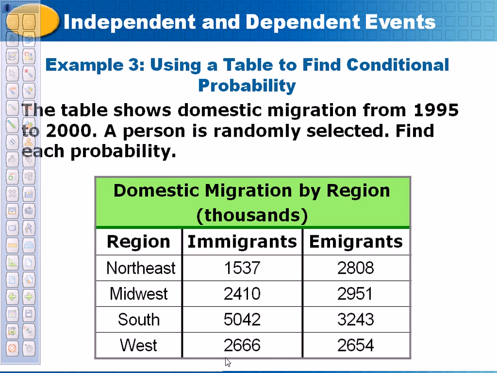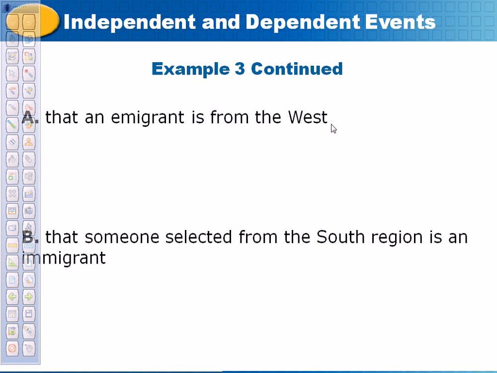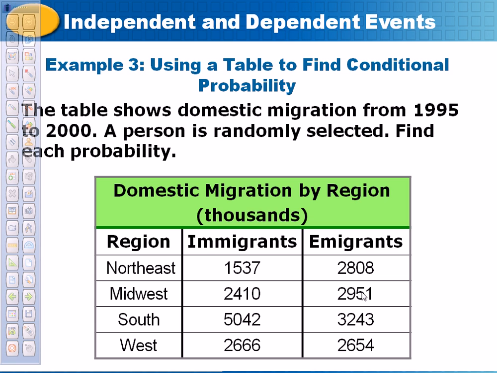So when we look at this, that an immigrant is from the West, we found the West, the immigrant, over the total immigrants. The ones from the West over the total. Does that make sense? Guys, this is two-way tables from last year. Do y'all remember doing this last year? Yeah. So it's the same thing.